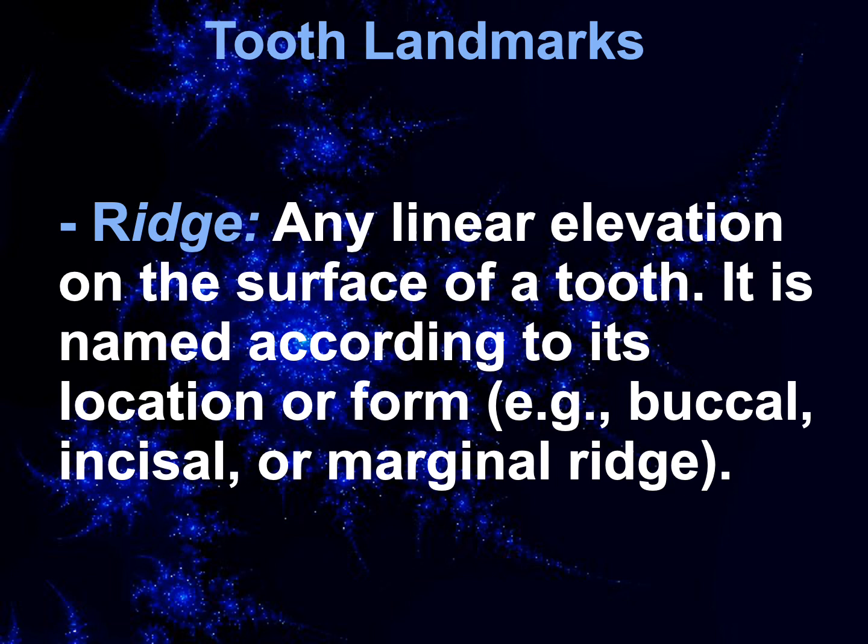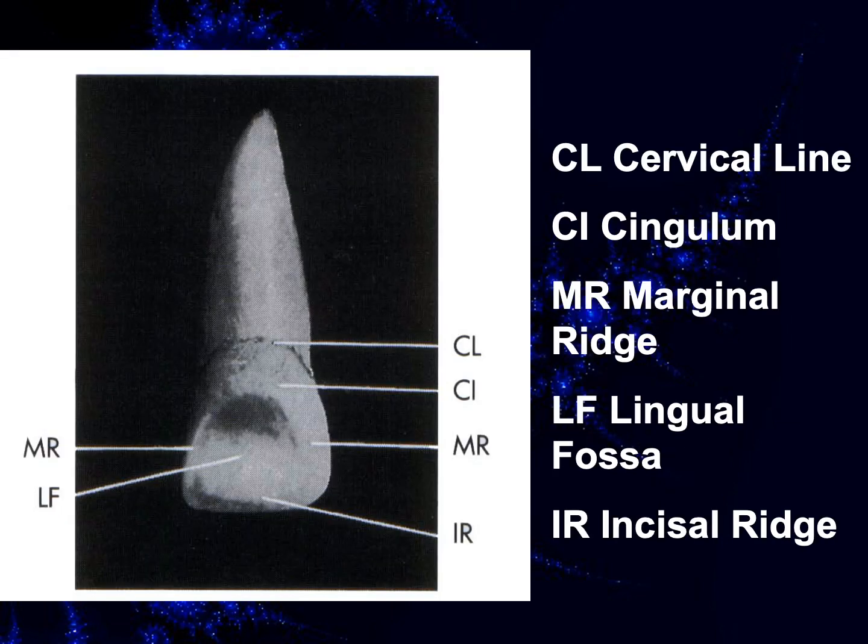A ridge is any linear elevation on the surface of a tooth. It's named according to its location or form, like buccal ridge, incisal ridge, marginal ridge. We will see examples throughout the lecture. For example, this is a marginal ridge.